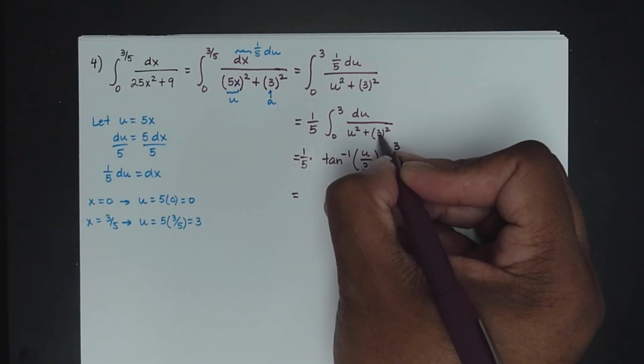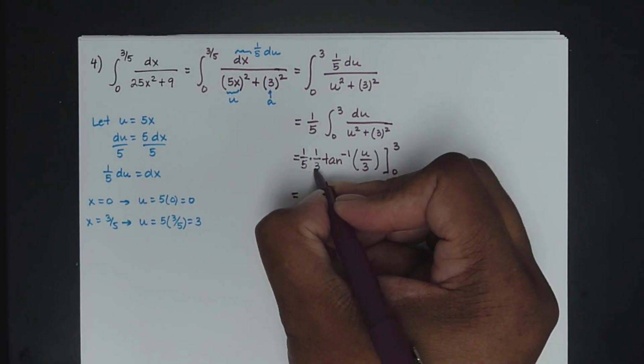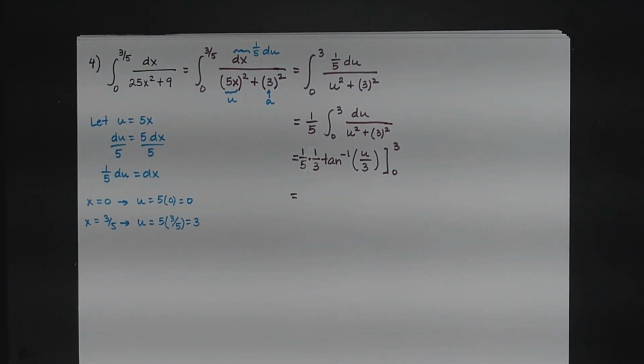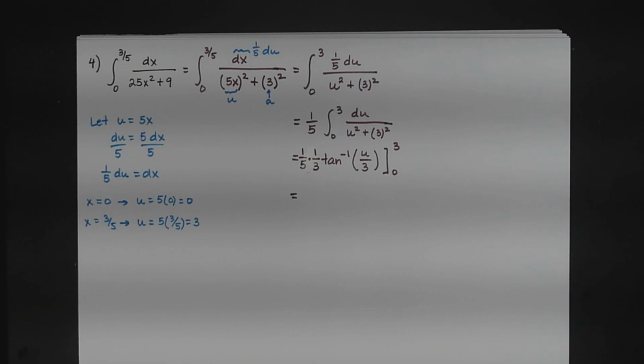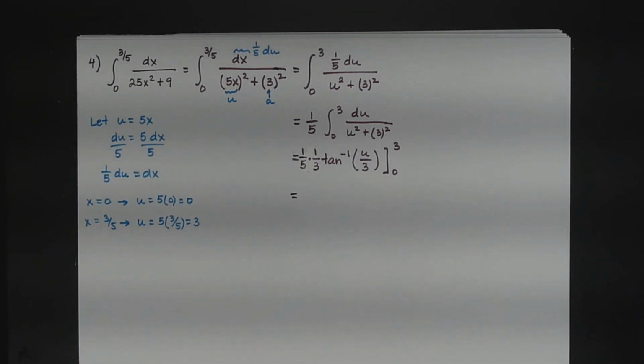But we got 1 over a, which is in this case 1 over 3. We have to have that. Okay? So do refer back to that section 5.5 where you have the notes that I've given you, and it deals with the integral of that.